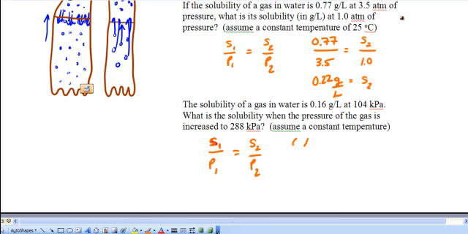You have 0.16 grams per liter over 104 kilopascals. That's going to equal our new solubility over the new pressure, which is 288 kilopascals. Of course, to solve for this, we're going to have to move the 288 kilopascals over by multiplying.